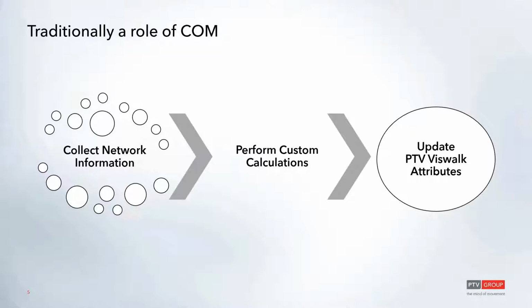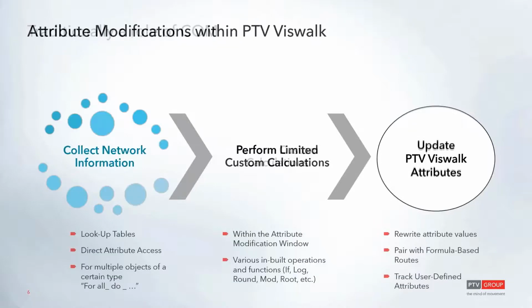People would use COM to help with routing, dwell times, or lane closures for security terminals. But now we can use attribute modifications within Viswalk to do some of those calculations.